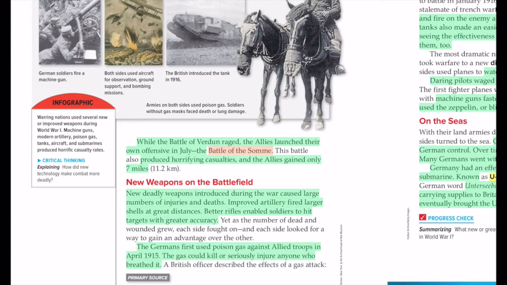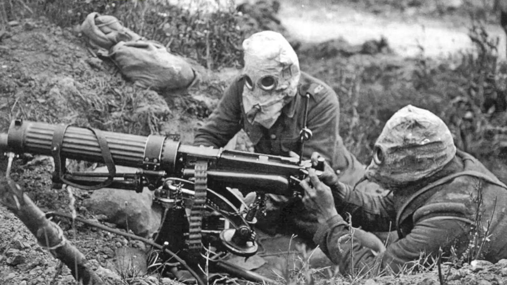One of the interesting things about World War I is the new weaponry that's coming out during this war. Sadly, it's causing a lot more deaths than in previous wars. Like I mentioned, those really big artillery can fire the shells much farther. They also have better rifles, with more accuracy. They show you up there machine guns in the picture.